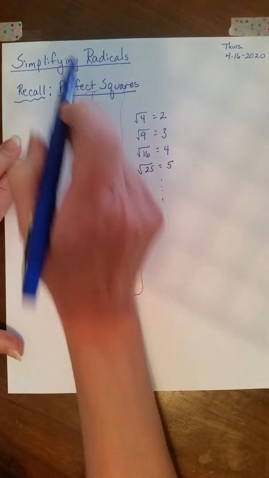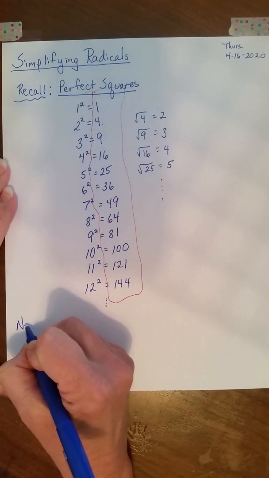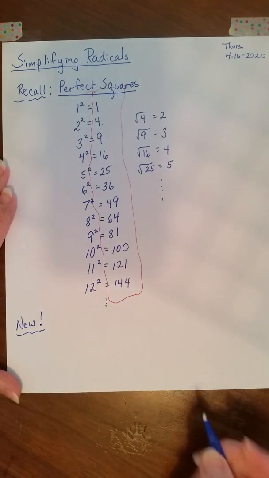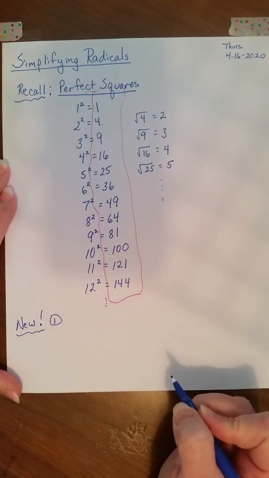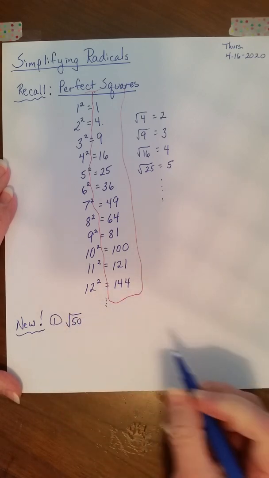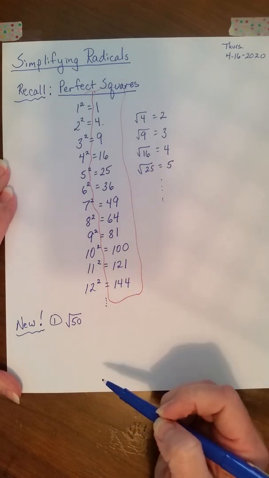Okay? Now, let's move on to simplifying radicals. So this is what's new. Okay? Number 1. If I want to simplify the square root of 50, 50 is not a perfect square. Okay, it's not on our list.